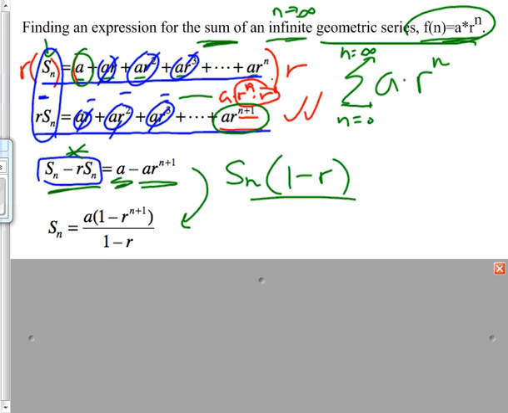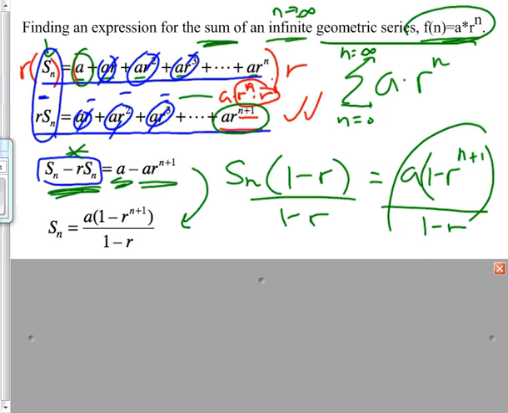This is that, and that equals a, factoring out an a, 1 minus r to the n plus 1, and then we just divided by 1 minus r. And this is that. So now we have an expression for the sum of the nth term.